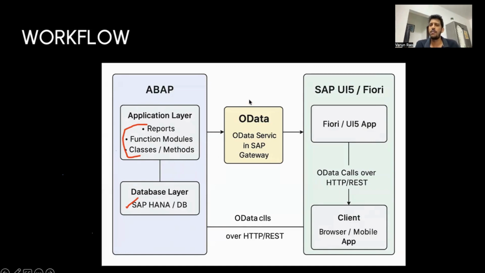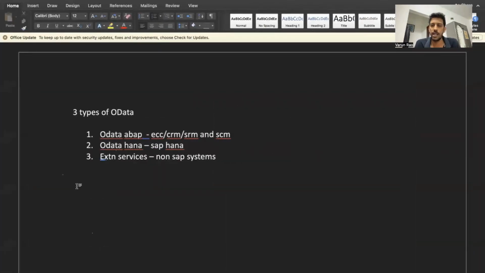When we talk of OData, just a little bit of information that is good for you to know: it basically supports two formats, XML and JSON. XML is very widely used. XML is lightweight.